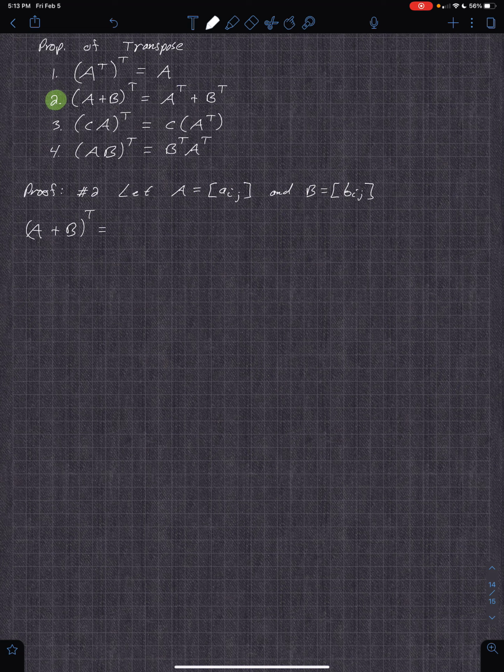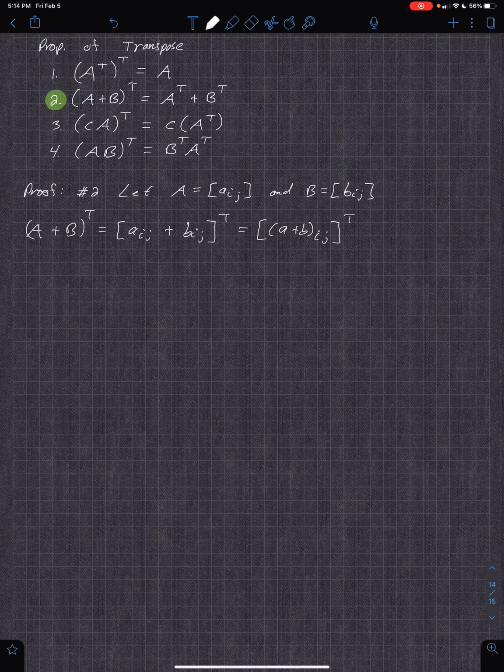So this would mean Aij plus Bij. That's just by definition of addition. Okay, so then when you add that up, you get A plus Bij transpose.